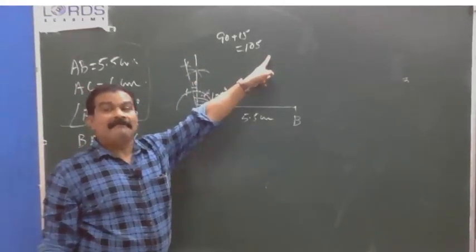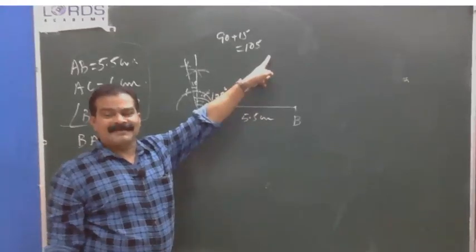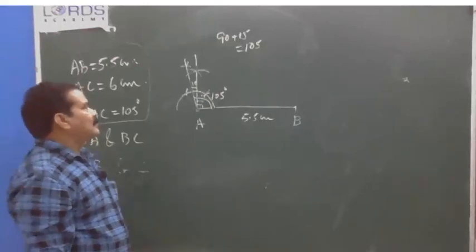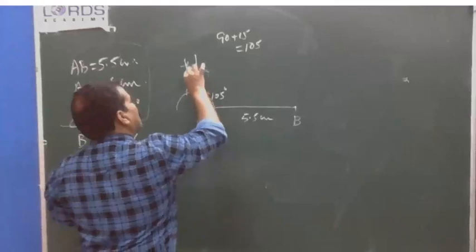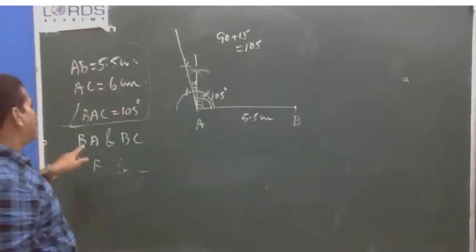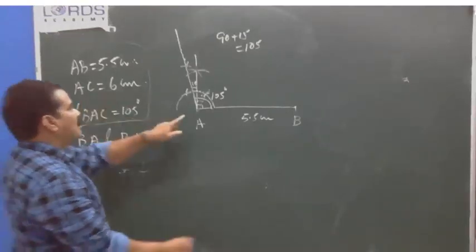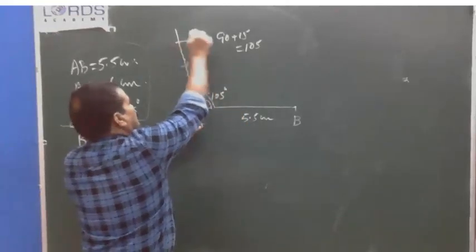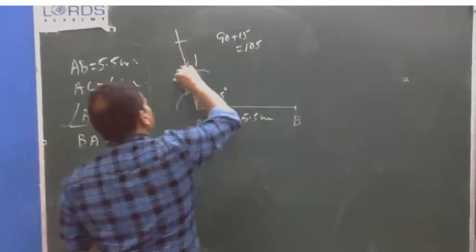Is it clear? Yes, clear. Then after getting that, you extend this side. Here you can see AC is equal to 6 centimeter. In the compass you take 6 centimeter. This is 5.5, this is 6 centimeter.